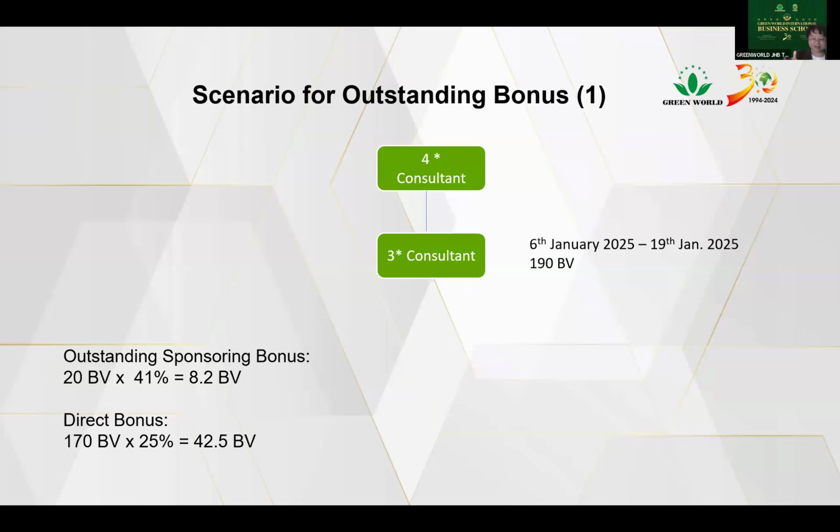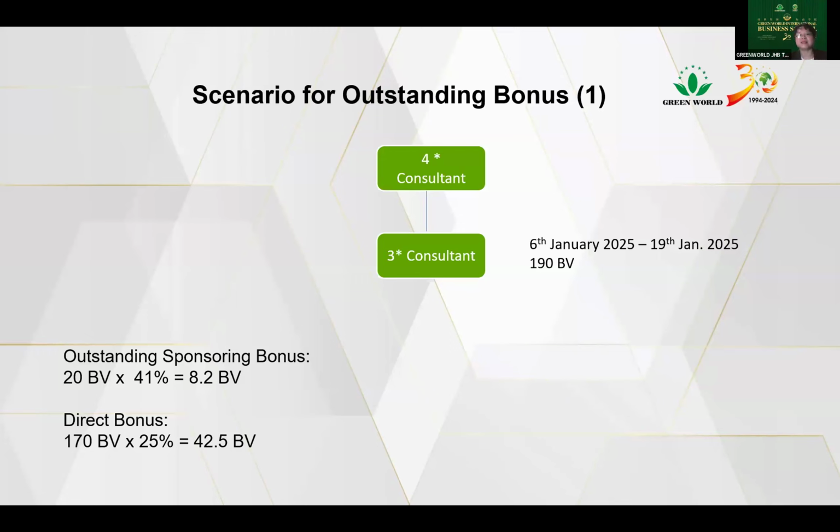Now, let's see the same scenario going on for the second period. The same person purchased another 190 BV. So we all understand that he finished, he's going to promote into star 3 consultant during the second period, that is from 6th of January to 19th of January.